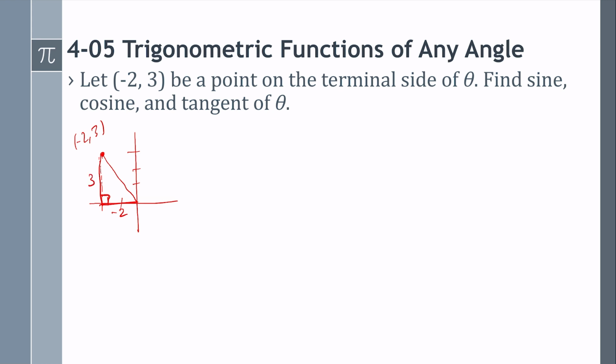We need to find the radius. Use the Pythagorean theorem. So it's -2 squared plus 3 squared, which is 4 and 9, so it's the square root of 13.